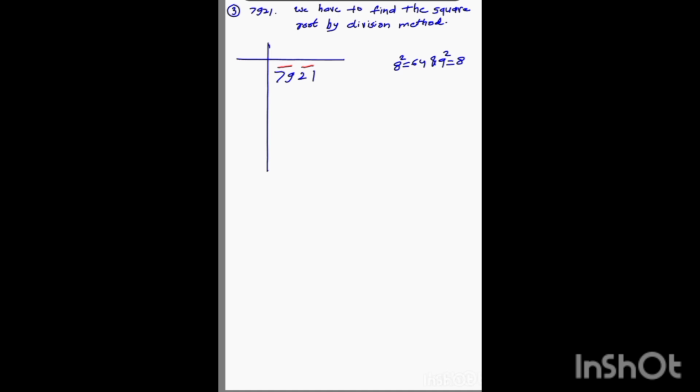This is very simple, because you know the squares of 1 to 9 by heart. So this step should not be any problem. We are writing it, 8 square is less than 79 is less than 9 square. I am going deliberately slow just for all of you to understand.